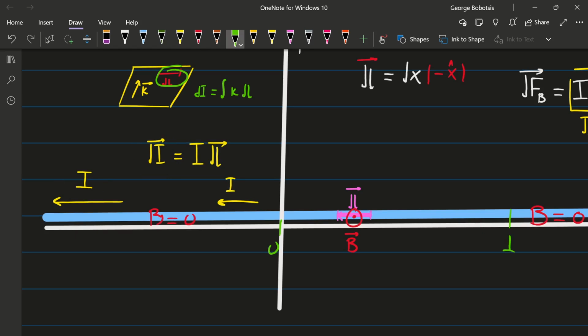There are no other portions that I'm missing. When I'm measuring the current here, there are no other portions of I that I'm missing. I'm seeing the full current at once. But over here, if I take a little portion of the object, I don't see the full current. I'd have to take the entire plane to see the full current, right? That's going through that. Here, if you take a little point, the entire current goes through it.